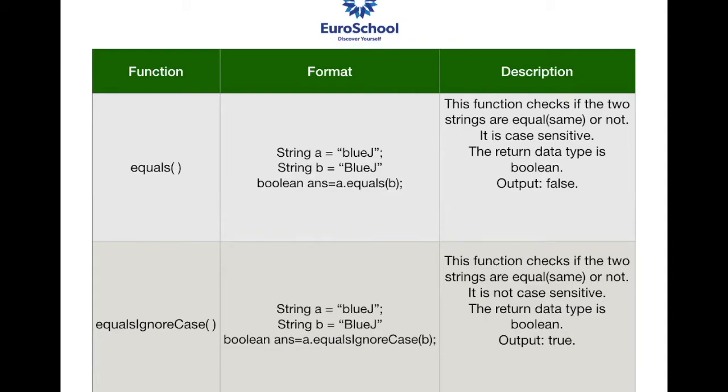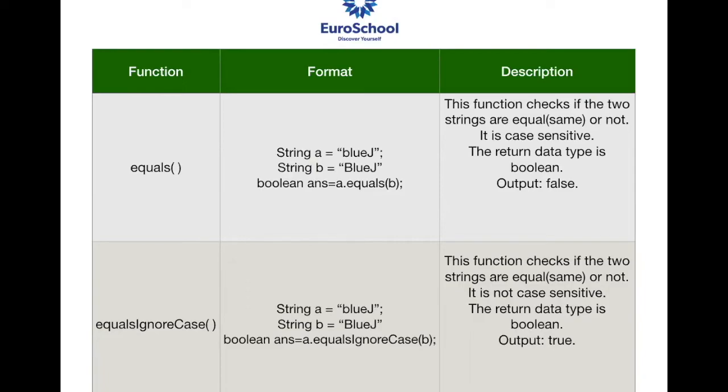Now comes the function equals, where it is going to check whether both are same or not. Here it is just checking whether the two strings the user is giving are exactly the same or not. It is case sensitive when using the function equals. So it checks whether the two strings are equal or not and returns a value, like telling me whether both are same or not.